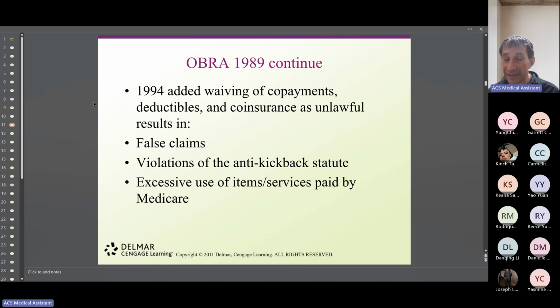Remember, copayment is obligatory. It is mandatory. It's not an option. If it's written on your insurance card, you must pay it. Period. Otherwise, you will incur this type of false claim. Remember, this is fraud.